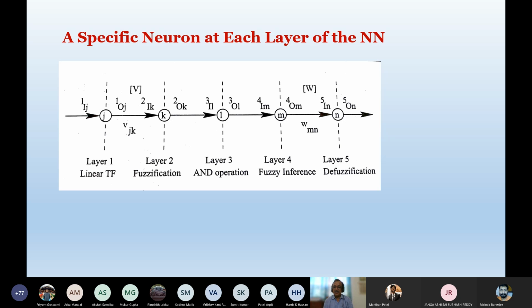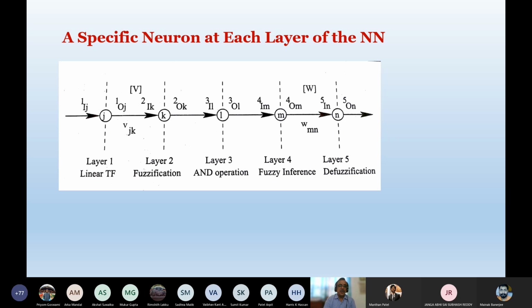That is nothing but the half base width of the isosceles triangle, or the base width of the right angle triangle used to represent the membership function distribution. I'll be discussing it on the next slide. Okay, this is not like an ordinary connecting weight, which we generally multiply with the output. There is a difference.